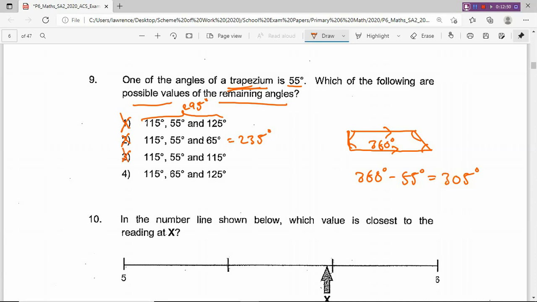Number 3, you will find that it's different as well. If you look at number 4, you take 115 plus 65 plus 125, you get 305 degrees. So what is the lesson here? The lesson is to remember that the sum of angles in a four-sided figure, which is a trapezium, add together to 360 degrees. And that's how I get number 4.